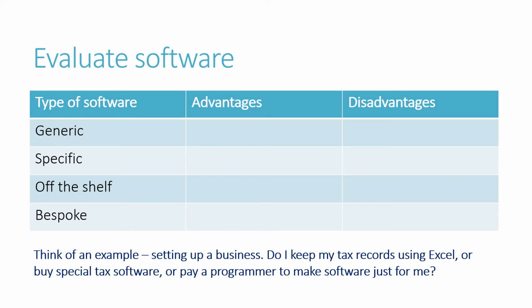And you could also choose to buy off-the-shelf software. Excel and tax software would fall into those categories, or pay a programmer to write a program to do your tax returns. So think about what would be good or difficult about each one of those choices.